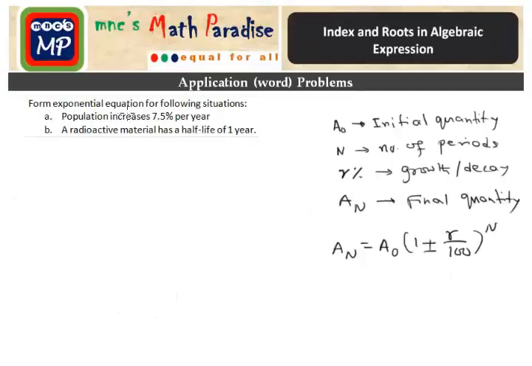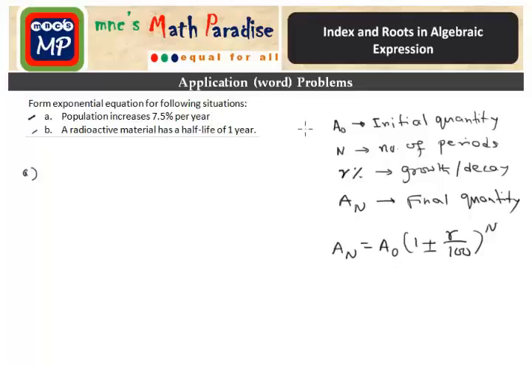Form an exponential equation for the following situations. Here we are given two problems, A and B. Let us first consider A. We need to form an exponential equation for the situation where population increases 7.5% per year.